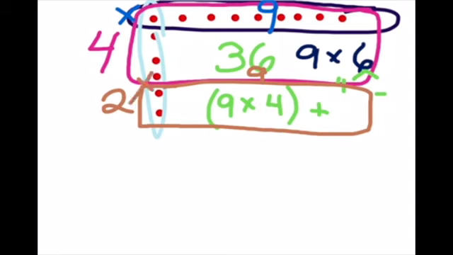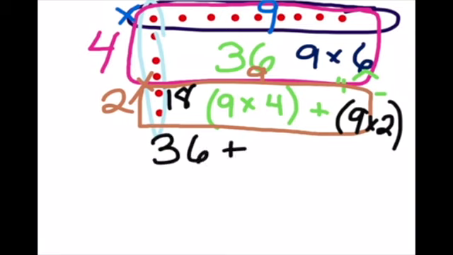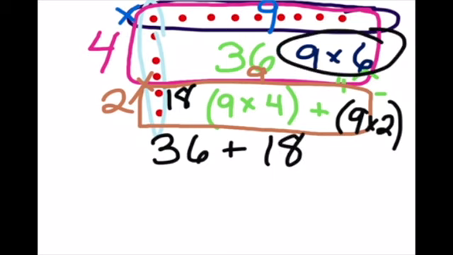So what is 2 times 9? That is 18. So 9 times 2 or 2 times 9 is what was left over. And we can add 36 plus 18 to figure out the answer to 9 times 6, the product.